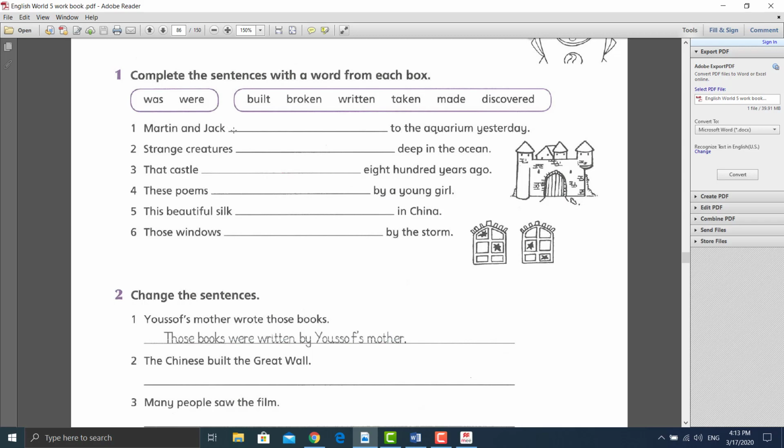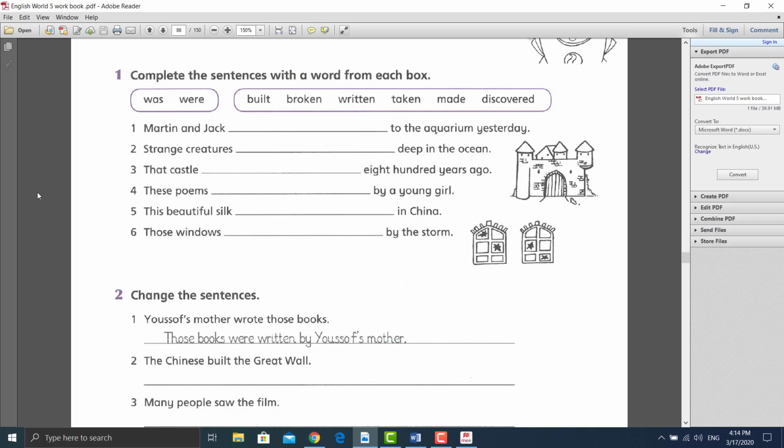Yes, you are right, were. And after that, yes, taken. So Martin and Jack were taken to the aquarium yesterday. Write it down. Martin and Jack were taken to the aquarium yesterday.